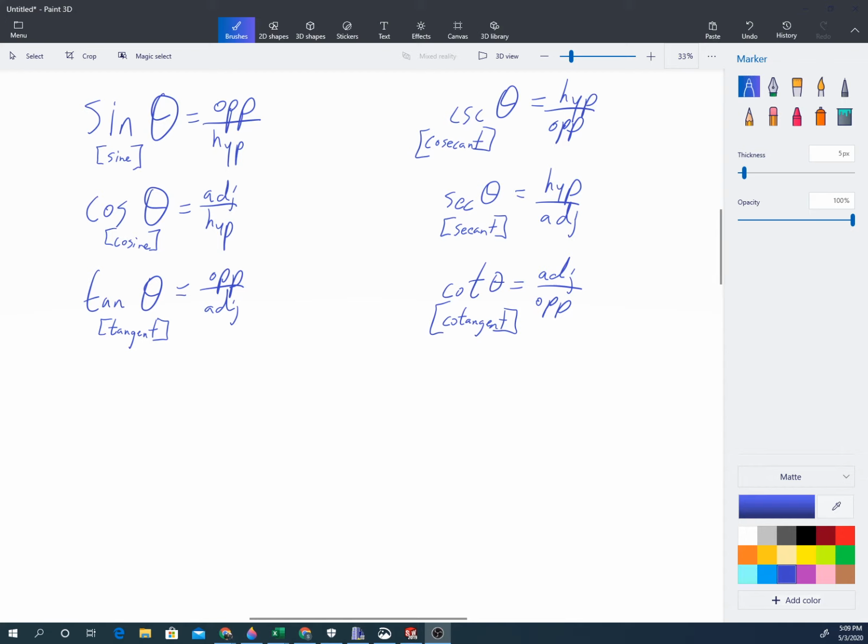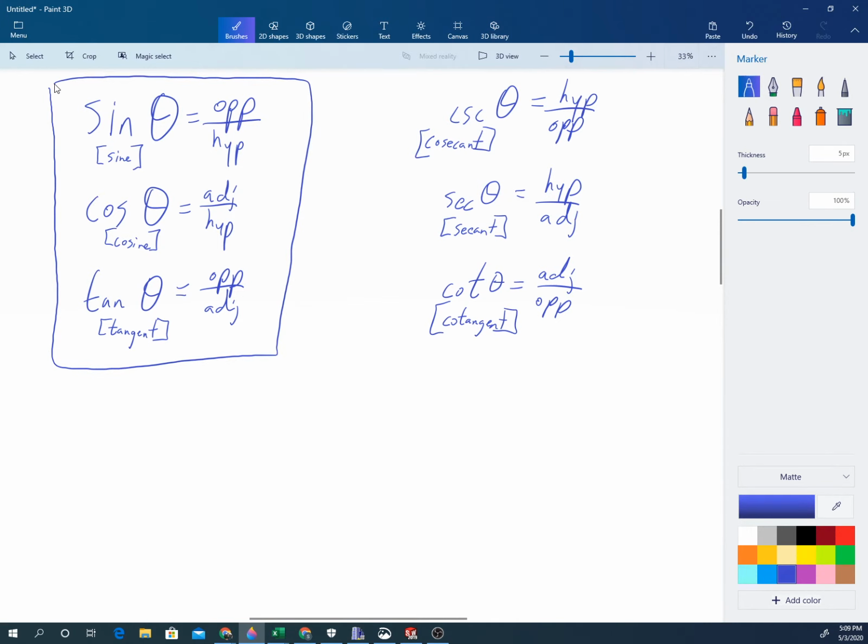So before we can teach you about trig identities, though, we have to go and complete our knowledge of what the trig functions are. So you are very familiar with SOHCAHTOA. We've been doing it since, well, at least last year, maybe your freshman year, I don't remember. But sine, cosine, and tangent and their definitions.